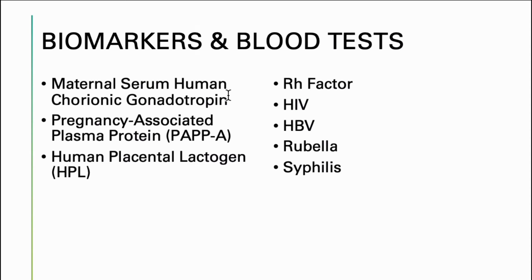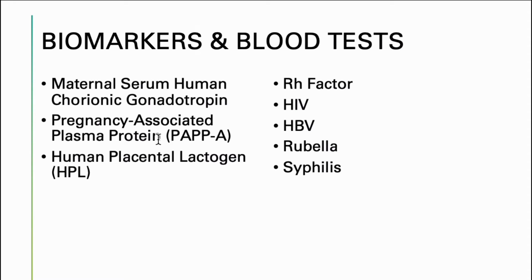Yes, you have it in urine, but it's also present in blood. So this is serum human chorionic gonadotropin, specifically from the mother. This is one of the things you can look at.